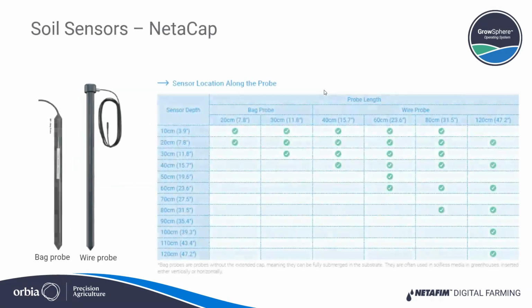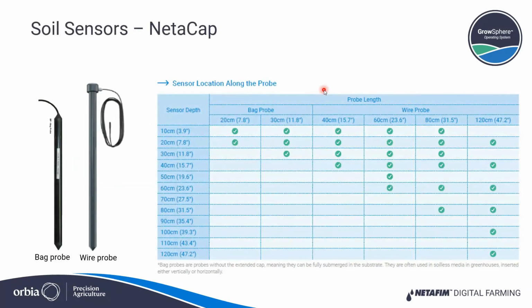We have 6 different lengths of this sensor in 2 different types. The green V sign represents the sensor location, the measuring point on the probe. It's important to remember that we have different lengths because we can have the best sensor for the specific crop.